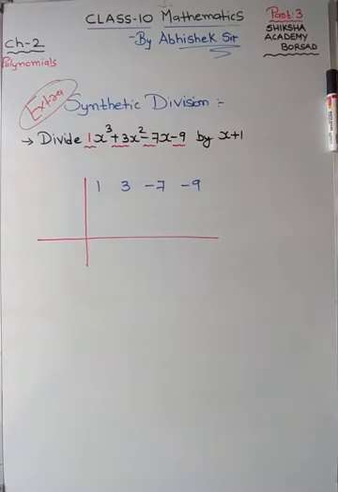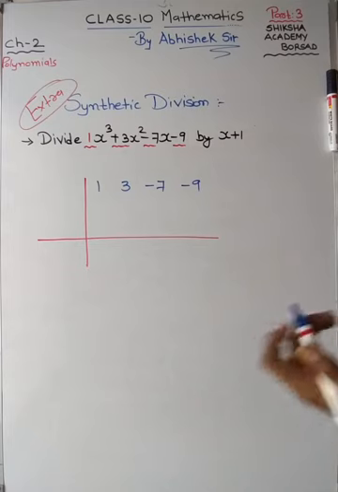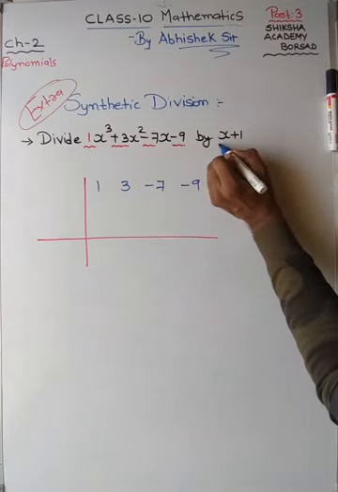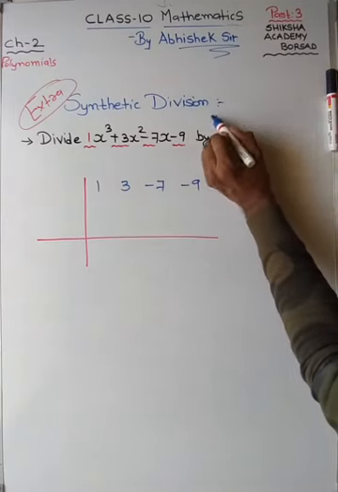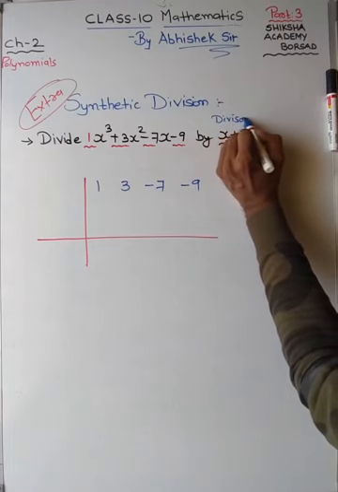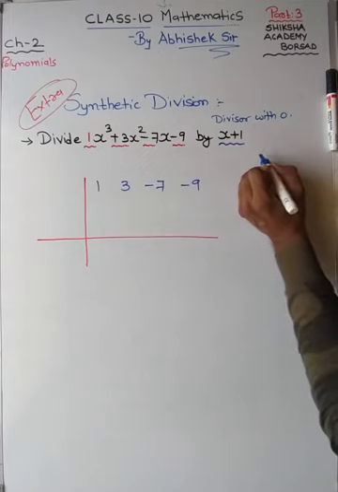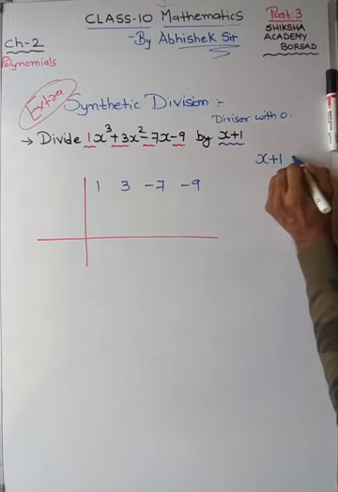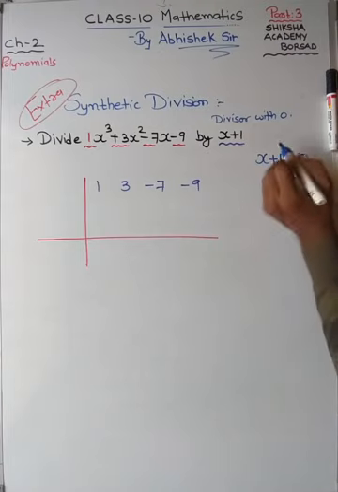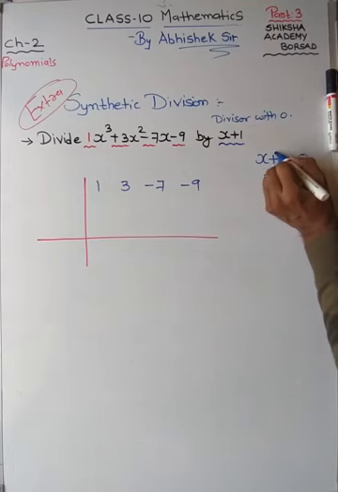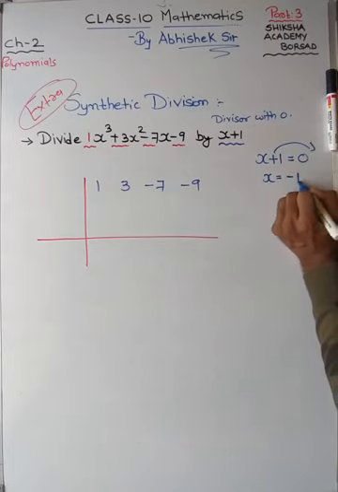Okay, now for the next step, we'll have to equate the divisor with 0. That means we will just do like this, x plus 1 equals 0, and find the value of x. So this will be minus 1.